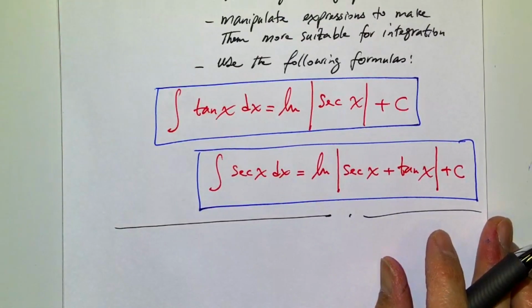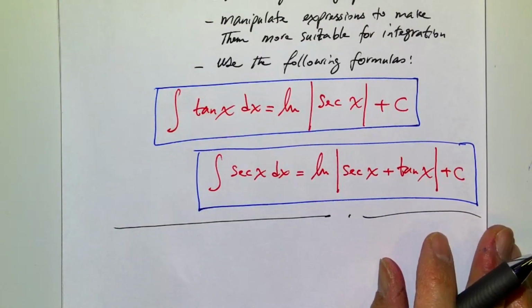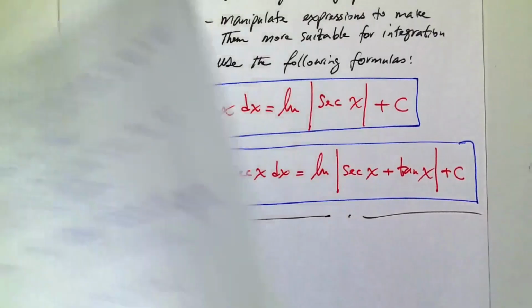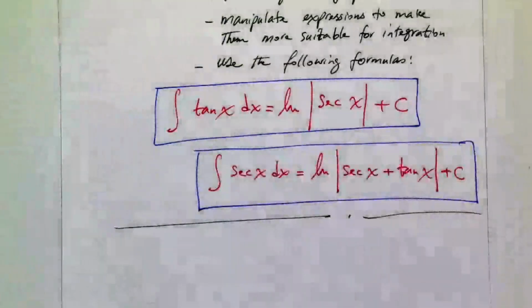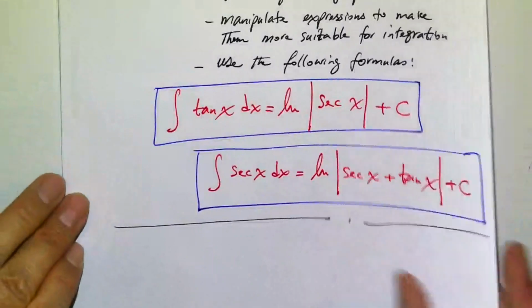Having talked about these, I think we can go over some examples that show us how these work. That was page 6, so 5 and 6. This would be page 7.